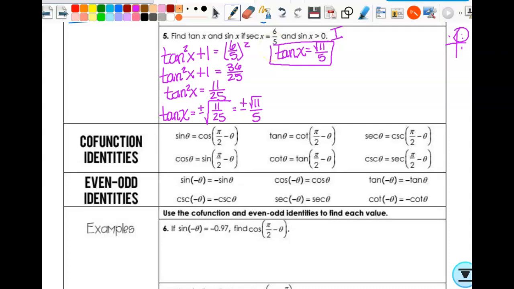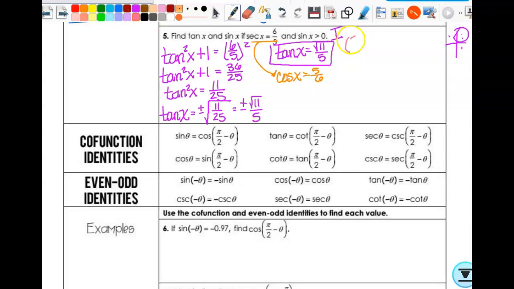Now, if I want to find sine using the Pythagorean identities, then that means I need cosine. I don't have cosine, but do I have something that can help me? Secant, exactly. If secant is 6/5, then that means that cosine of x is 5/6. Okay. Then I can do my thing.